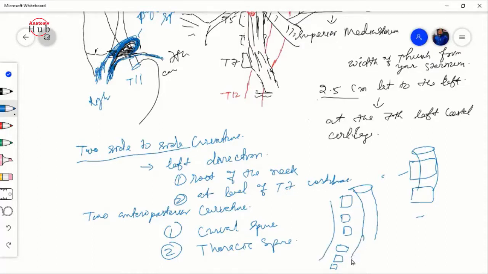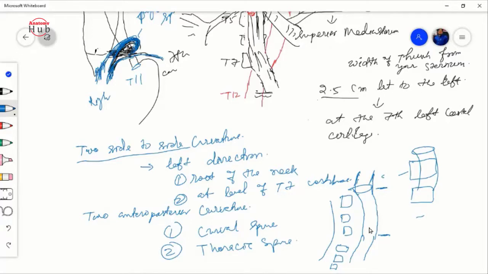So here again one curvature will be there. It starts from the pharynx. So at the pharyngeal level, here is one anterior curvature, and here is another anterior curvature. So two antero-posterior curvatures will be there: first near the cervical spine, and another near the thoracic spine. Clear, all of you?